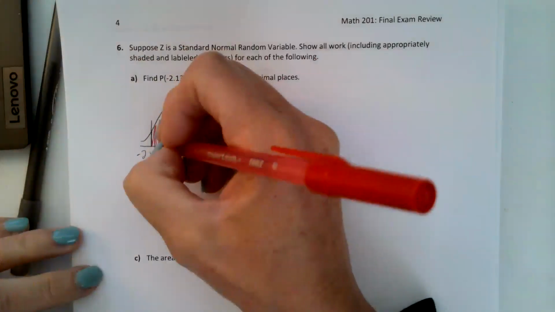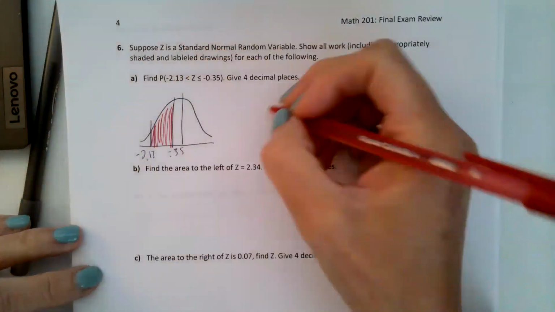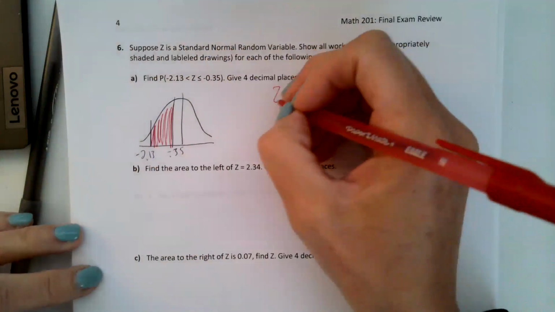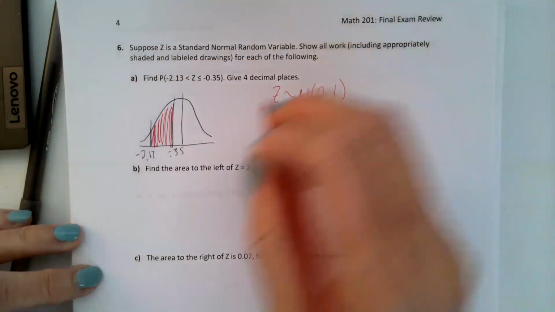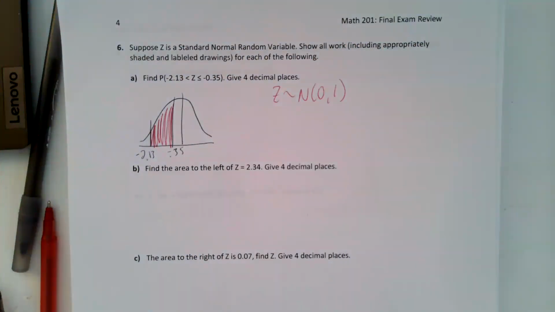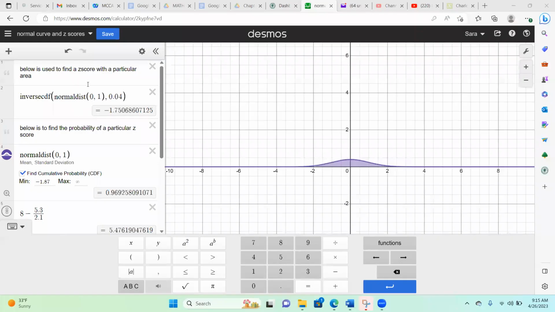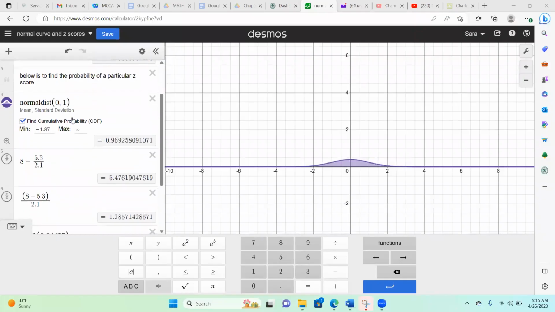So we are going to look here. Because Z is normally distributed with a mean of 0 and a standard deviation of 1, we can use our curve in Desmos. If we go to our Desmos screen, I've got my inverse up here and I've got my normal. So we want to find probability. So we're going to use the normal distribution.